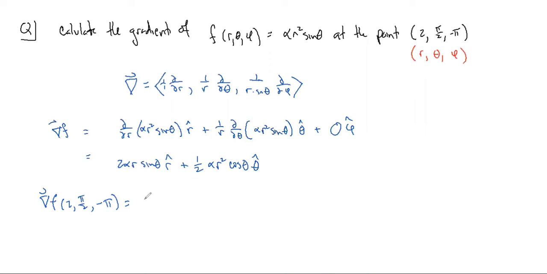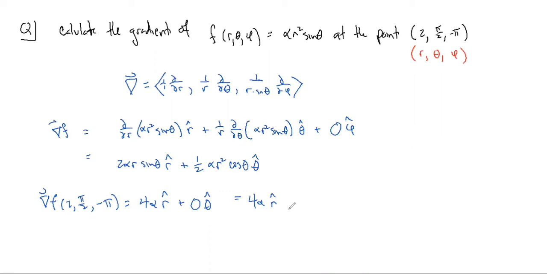So that becomes 4 times alpha times 1. So it's 4 alpha r hat, and then 1 half of 2 alpha r squared, so that's 2 times 0, because cosine pi over 2 is 0.